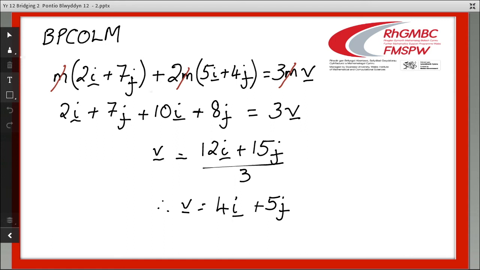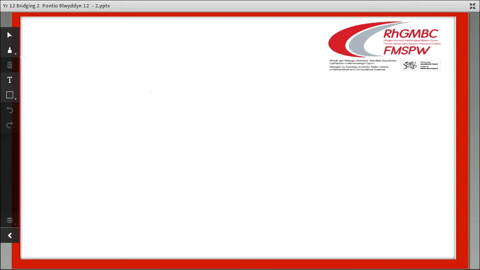Now, the next part wanted you to work out the change in momentum or the impulse. And remember that impulse is the change in momentum.